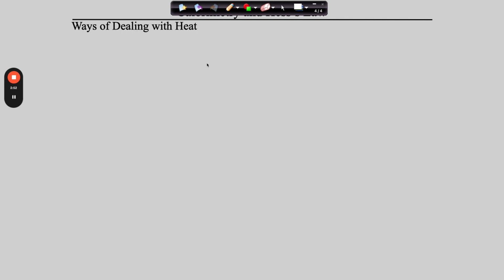So guys, in order to do this, we need to talk about two different, and you want to write this down, two different ways to deal with heat. And guys, you really need to write all of this down verbatim. So guys, the first is heat capacity. And guys, the words matter.